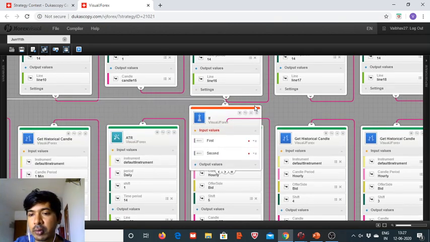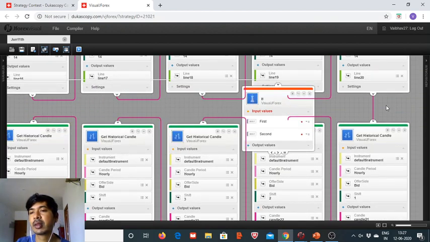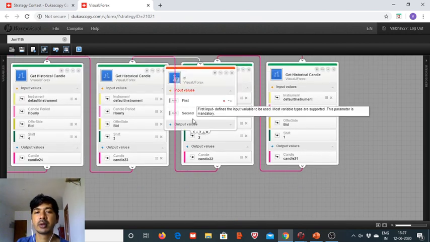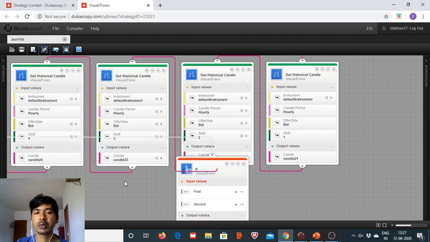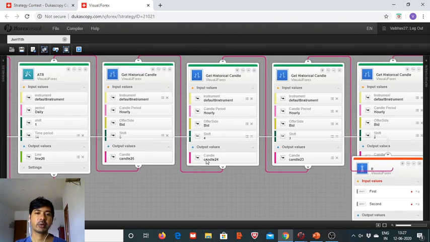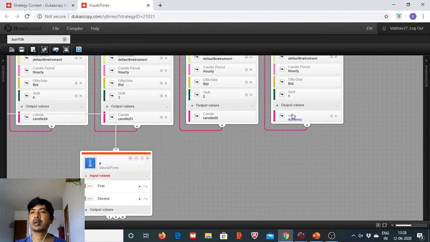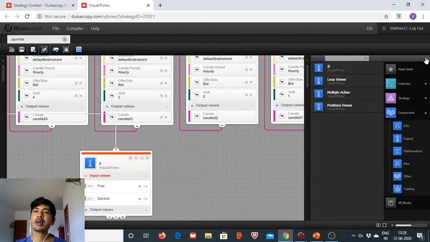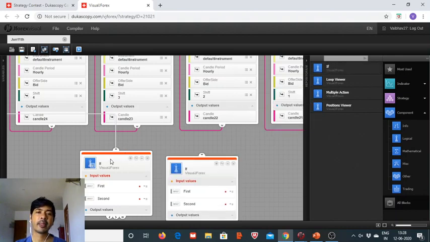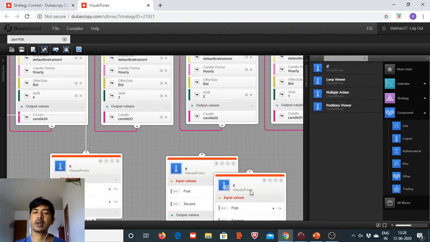So we now have to take into account candle 22's close, candle 23's close, candle 24's close, and candle 25's close. So what we do is we do the comparison, and we are going to need three more if blocks straight away.